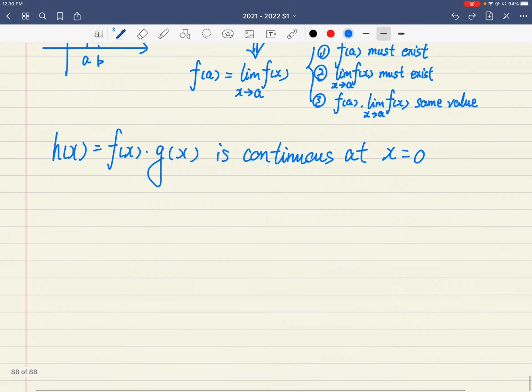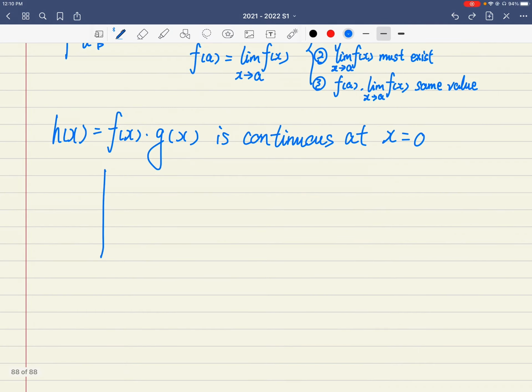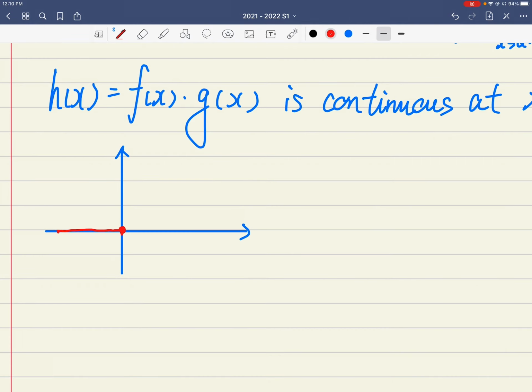What do I mean? Let's say this is a very easy piecewise function. The function is 0 when x is non-positive. This means when x is 0, the function is also 0. And when x is positive, it is 1.